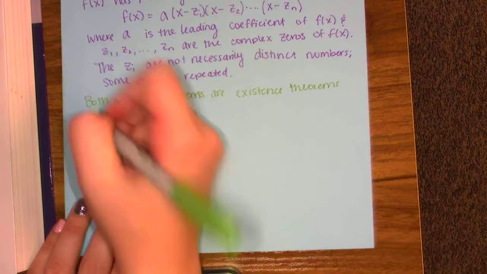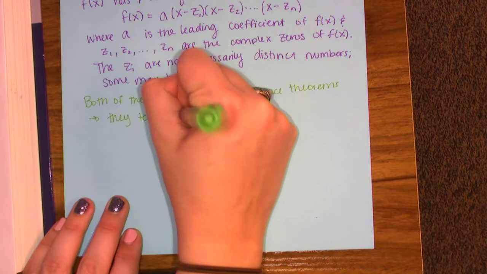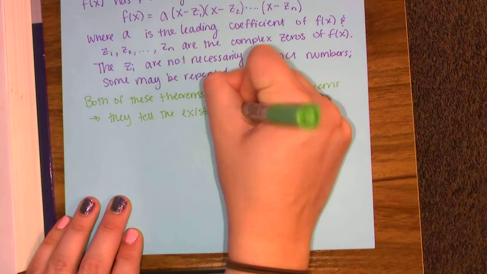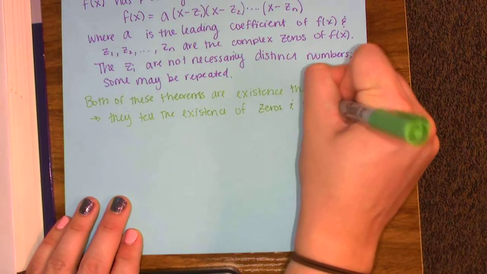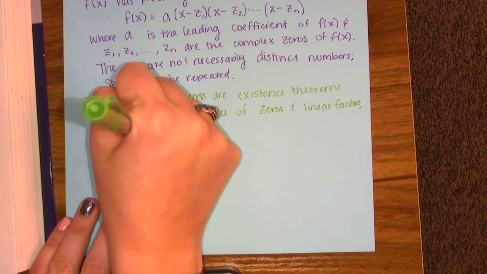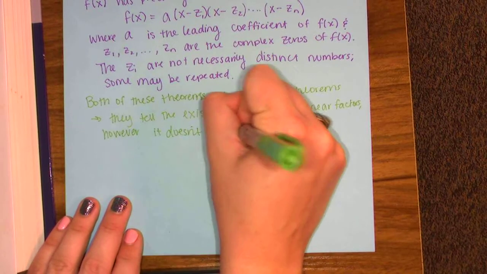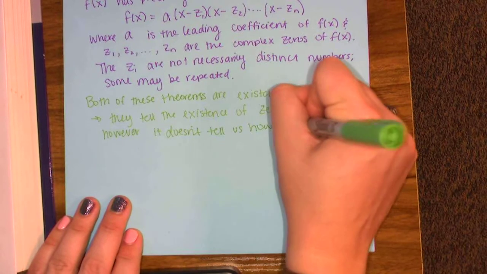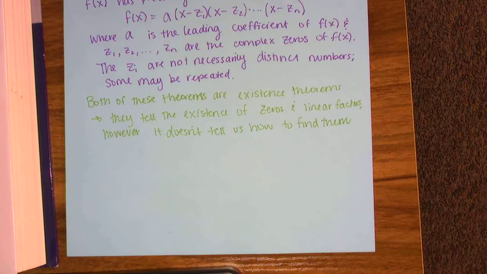And by that, we mean that they tell the existence of zeros and linear factors. However, it doesn't tell us how to find them. So basically, that just tells us that they exist, that we have them, but it doesn't tell us how to find them, so we are going to have something else to help us figure out how to find them.